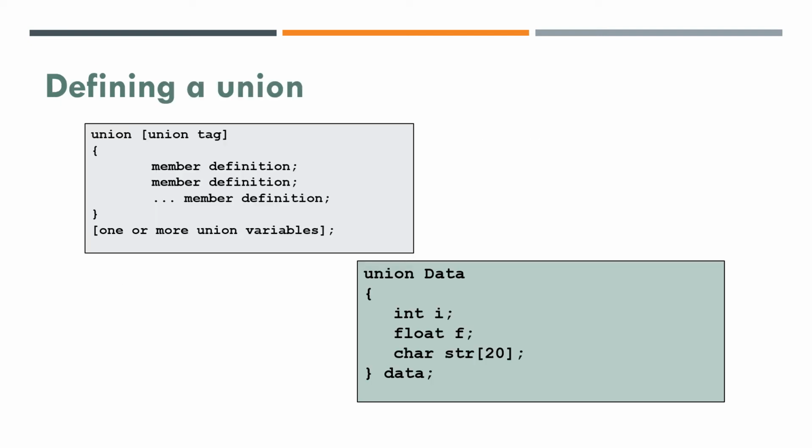Defining a union: this is the syntax. With the keyword union, the union tag name, then the member definitions, and then the union variable names. Example: data union, and then 3 members i, f, str, and the variable data.